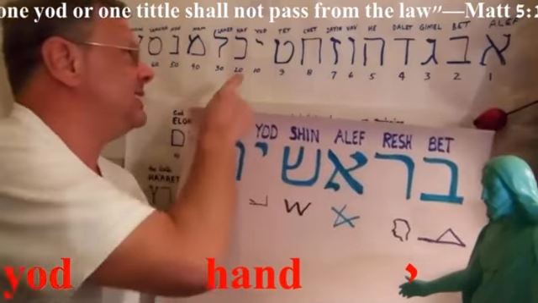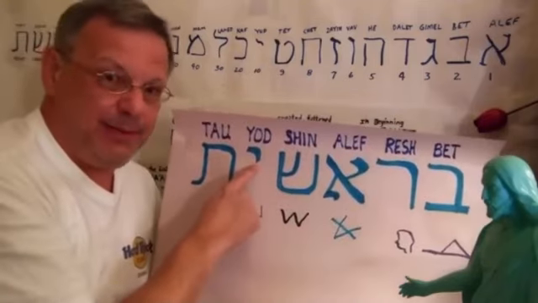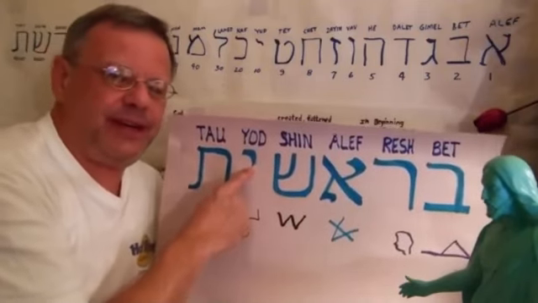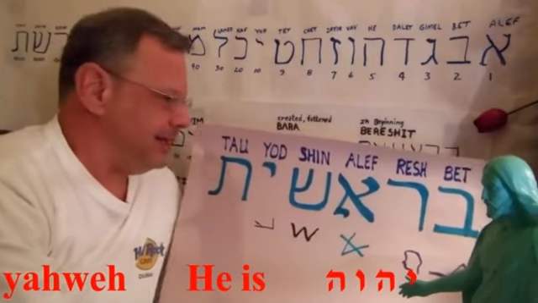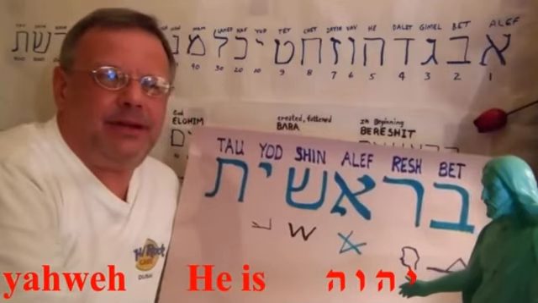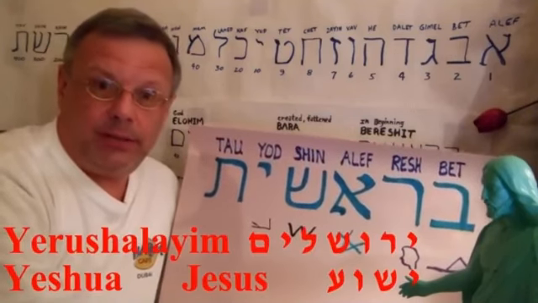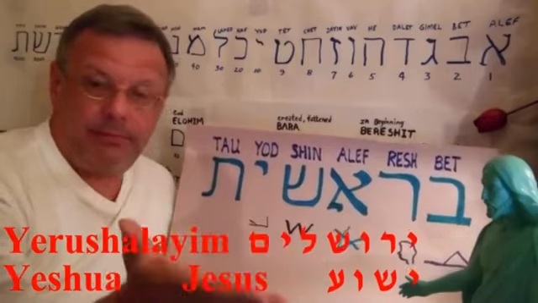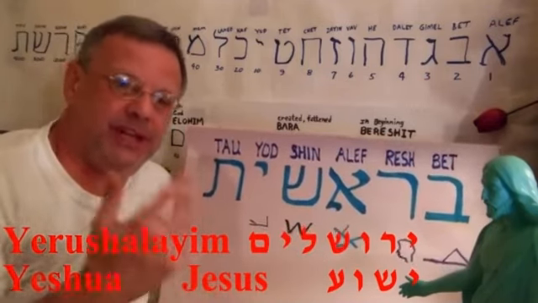It's the 10th, number 10. He begins his names with yod, which is very much a God thing. His name Yahweh begins with a yod, or Yeshua begins with a yod. His city Jerusalem begins with the yud.